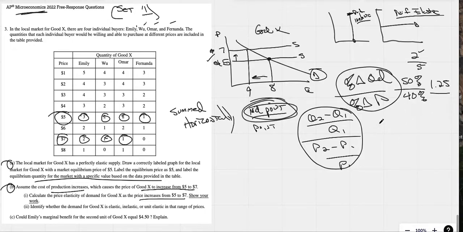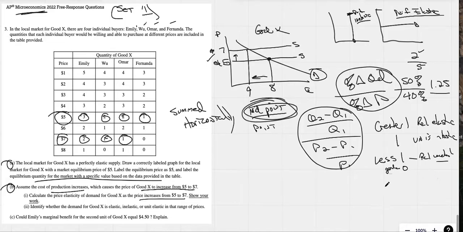I know that anything greater than 1 is relatively elastic. And if it had been 1, it would have been unit elastic. You need to know all of these off the top of your head. If it's less than 1 but greater than 0, that would be relatively inelastic. And then perfectly inelastic is always 0.